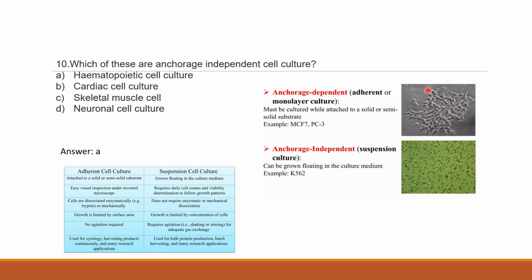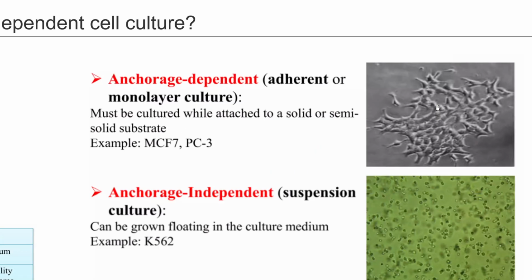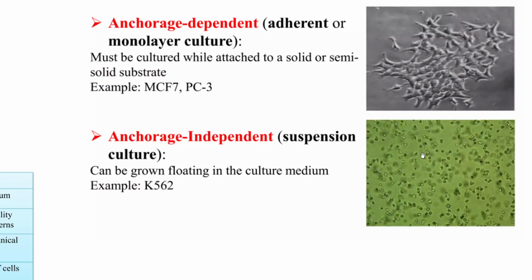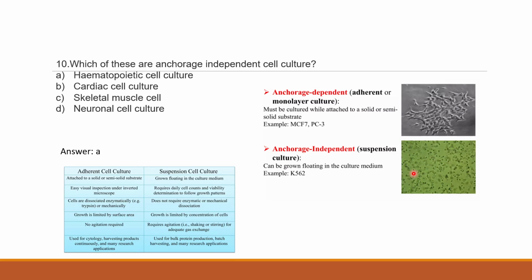The anchorage dependent cells attach to the surface and spread like this, two-dimensional in a monolayer. But the suspension cells are spherical, to take the maximum volume and surface area, and they are all floating in the media. A few of them sink and settle at a lower place, and a few are at a different plane, so they keep floating.